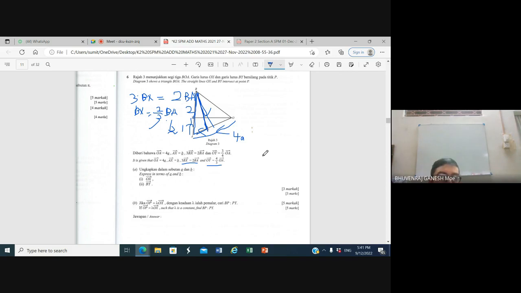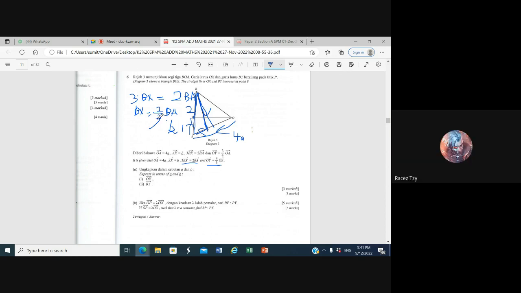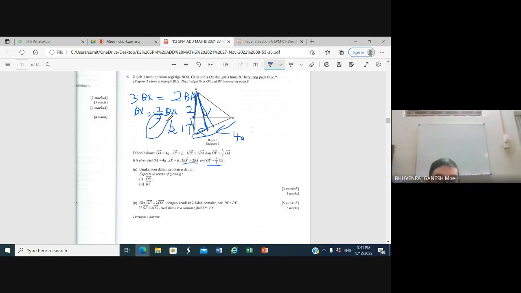Can you understand? Correct, because BX is longer than AX based on the diagram. The total is 3 parts because they said BX is 2/3 of BA. This is how you read it. The length of BX is 2/3 of the whole length here, so the whole length is 3 parts in total. BX is 2, so this one takes 1. 3 minus 2 is 1.